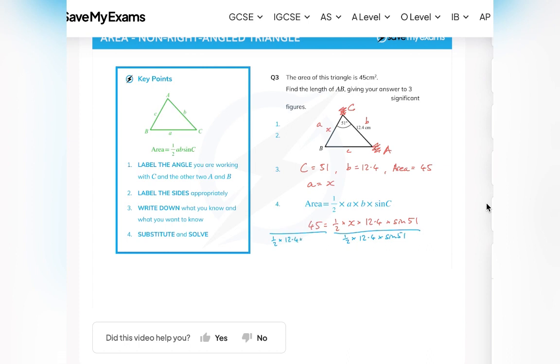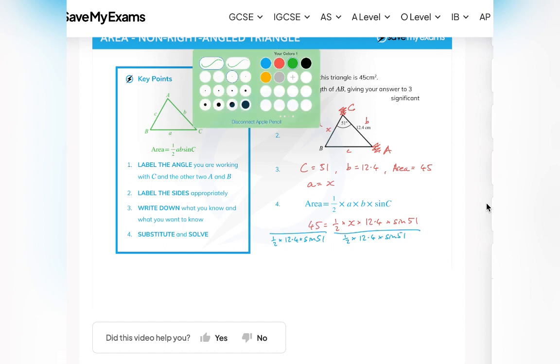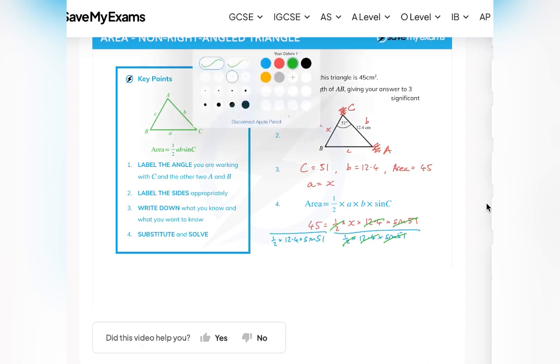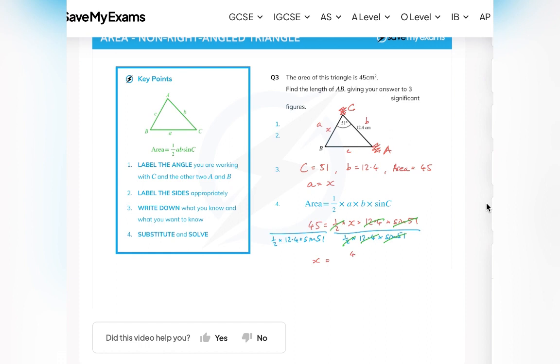On the right the halves cancel, the 12.4s cancel, and the sine 51s cancel, and I will just write this out again because it's looking a bit messy. X is equal to 45 over a half times 12.4 times sine 51.